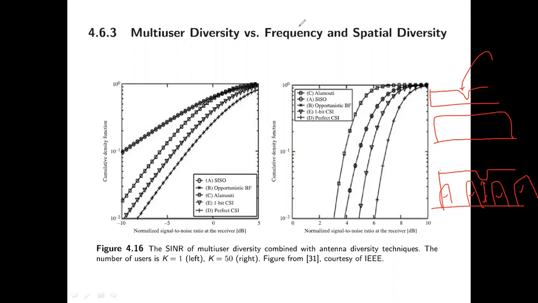That means instead of sticking to the same location, I spread the data over the entire bandwidth and get an advantage. That is called frequency diversity advantage.